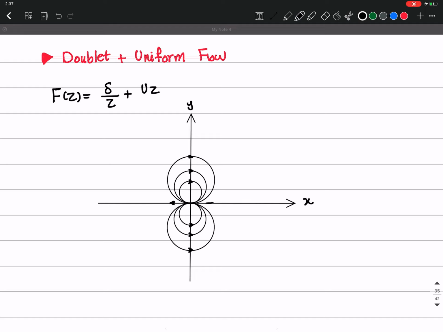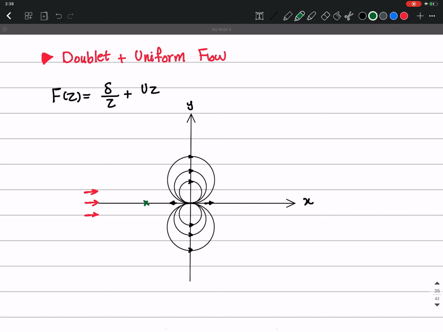And then say we have a uniform flow now. We add a uniform flow to this. And we want to see how the streamlines would look like.